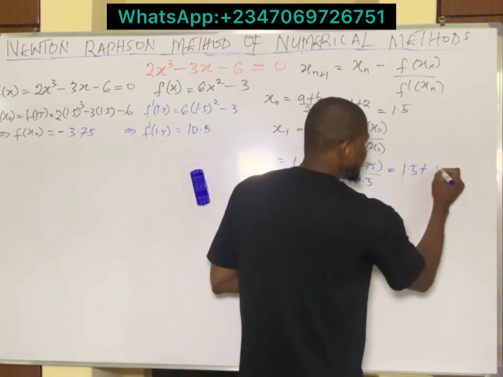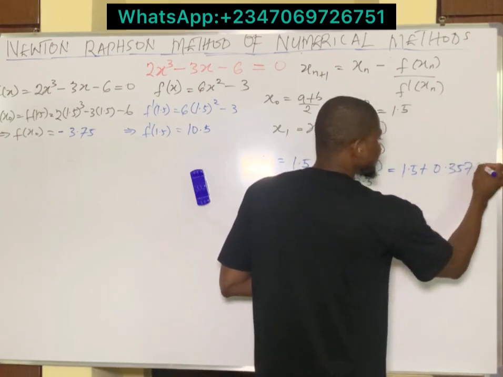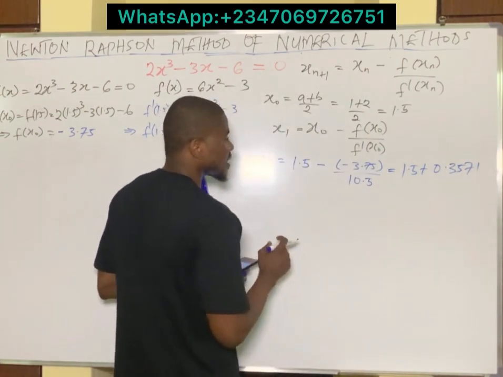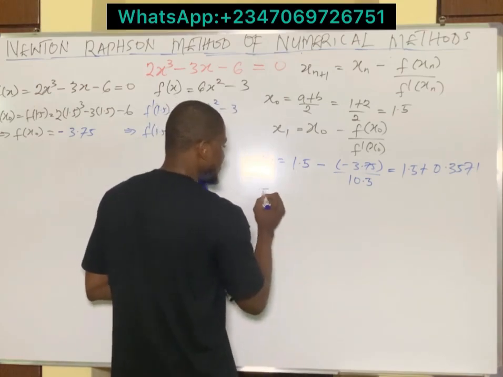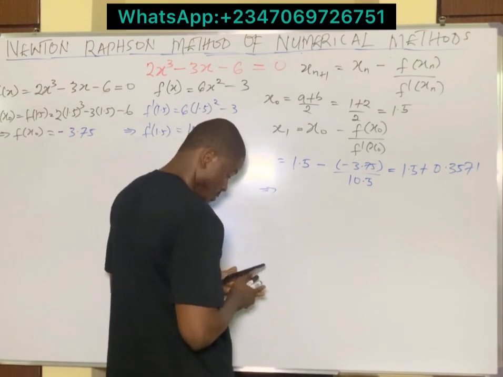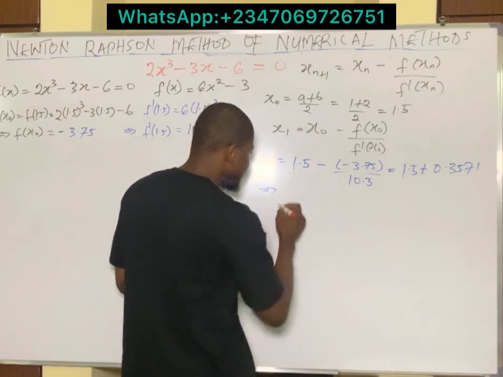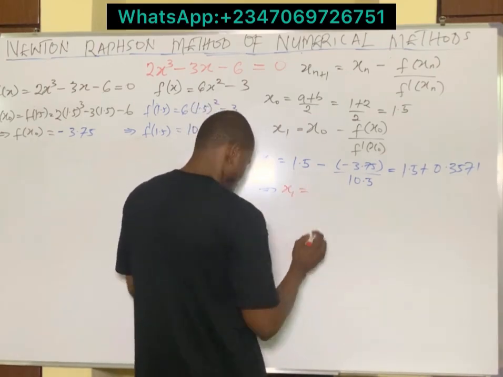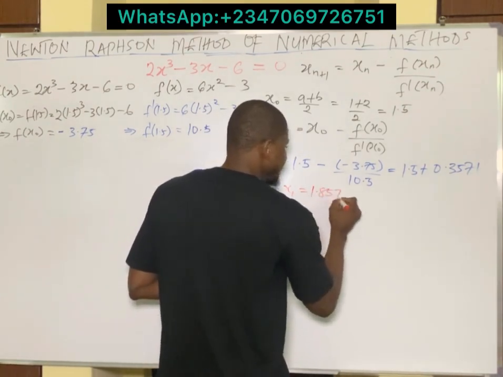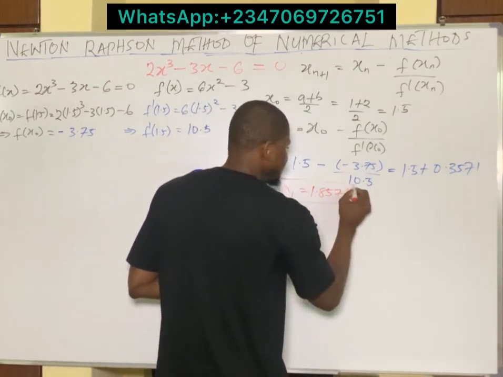That gives us 0.3571. So if you plug everything together, if you evaluate everything together, you simply find your first iteration, x1, to be equal to 1.8571. So this becomes our first iteration.